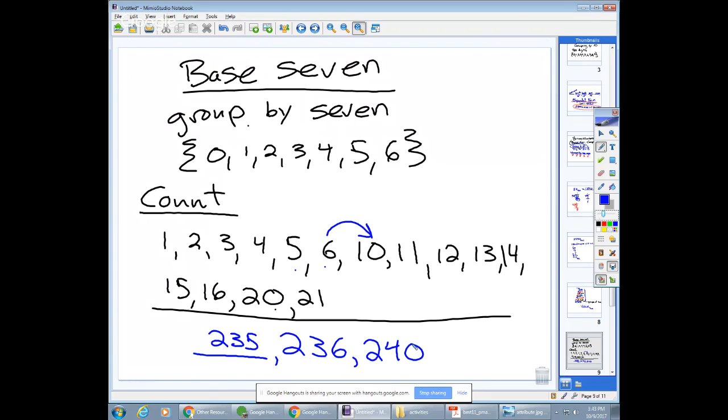So off to the side here, I'm just going to do a little stacked addition. If we're at 2, 3, 6, and we add 1, as good base 7 second or third graders, we know that 6 and 1 is 1, 0, and we carry the 1. And then 1 and 3 is 4, and 2 plus nothing is still 2.